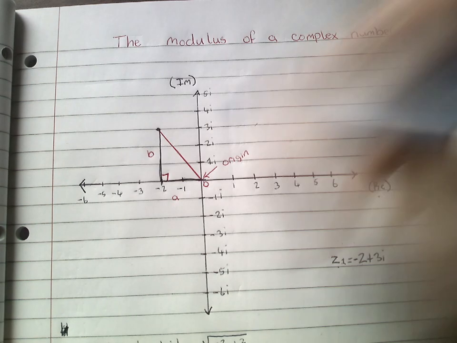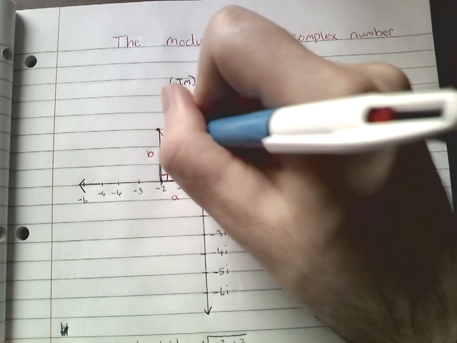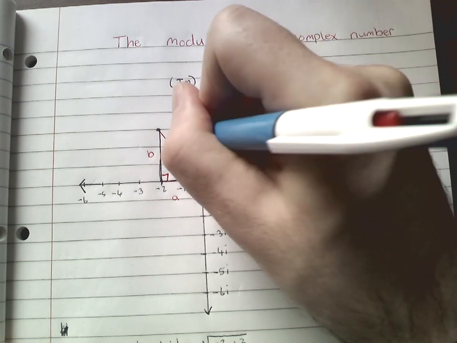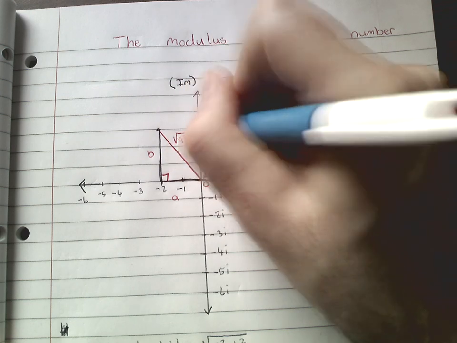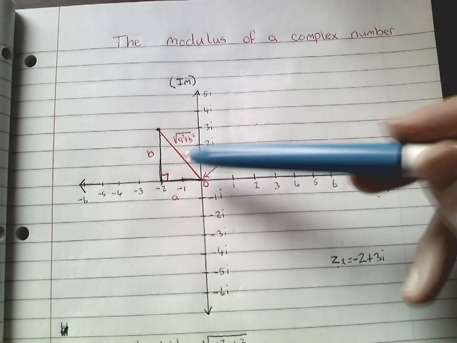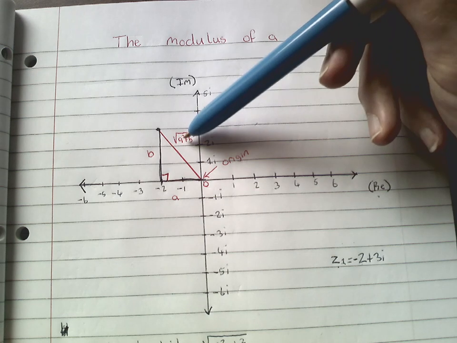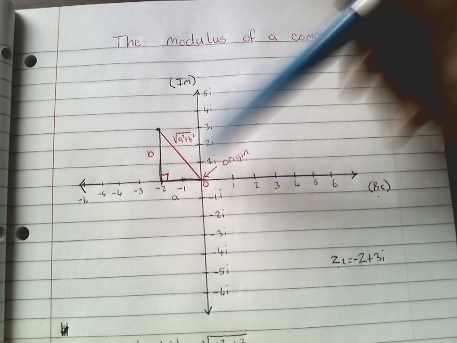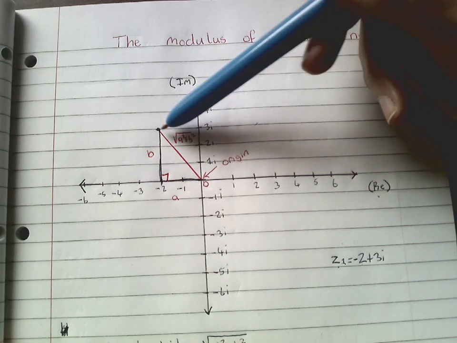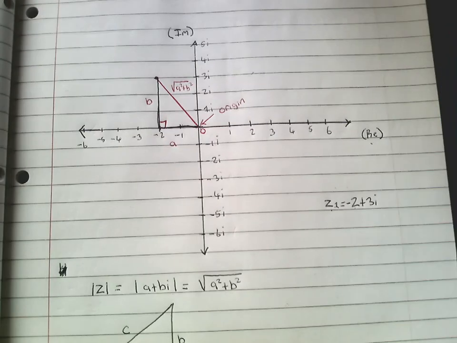Then I can say that the distance from here to here is going to be the square root of A squared plus B squared. We can use this to figure out the modulus, or the distance from the origin to the complex number. That's the formula we use here.